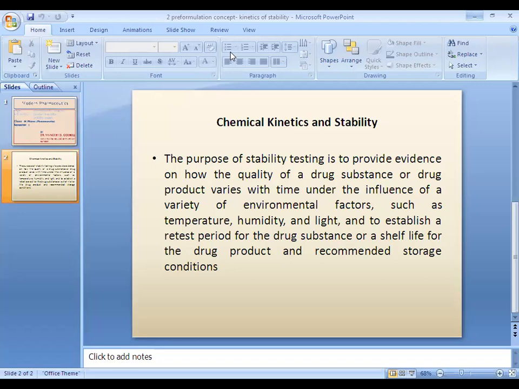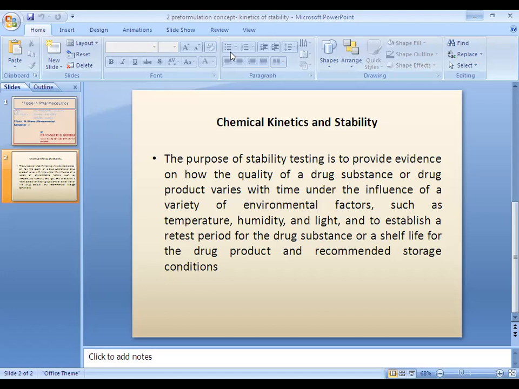At the same time, knowing the rate at which the drug deteriorates at various hydrogen ion concentrations allows one to choose a vehicle that will retard or prevent the degradation. So it is again a very important role for the pharmacist to determine the vehicle in which the drug we are administering will be stable.